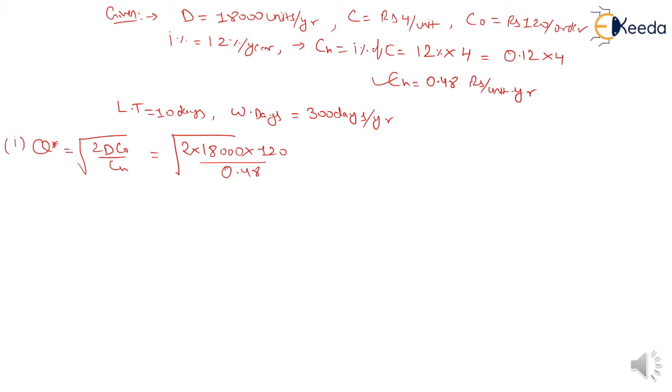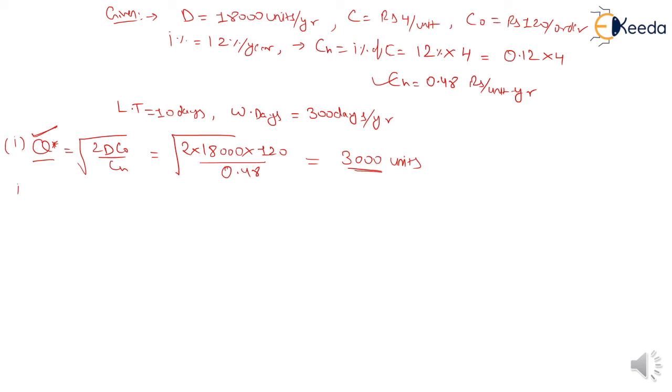So putting all the values in this formula and calculating, Q star comes out to 3,000 units. It is the economic order quantity. Q star is 3,000 units.